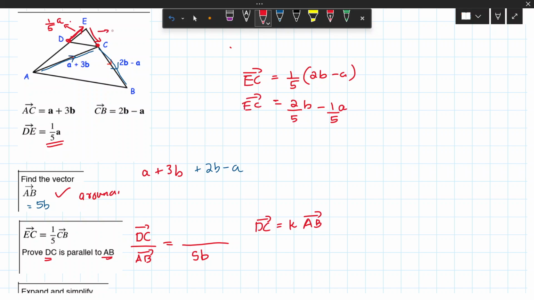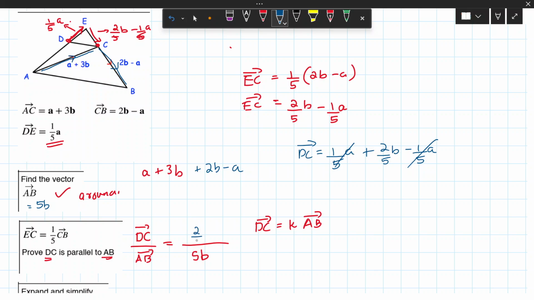So this part here is 2 over 5 B minus 1 over 5 A. So if I add the EC vector and the DE vector, we get 1 over 5 A, and then add 2 over 5 B minus 1 over 5 A. So 1 over 5 A minus 1 over 5 A. So I get the DC vector is equal to 2 over 5 B.